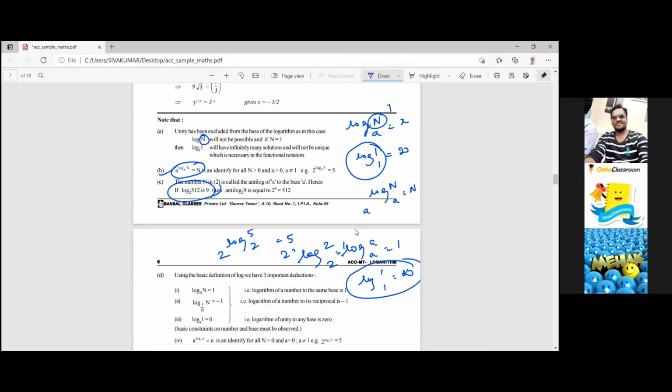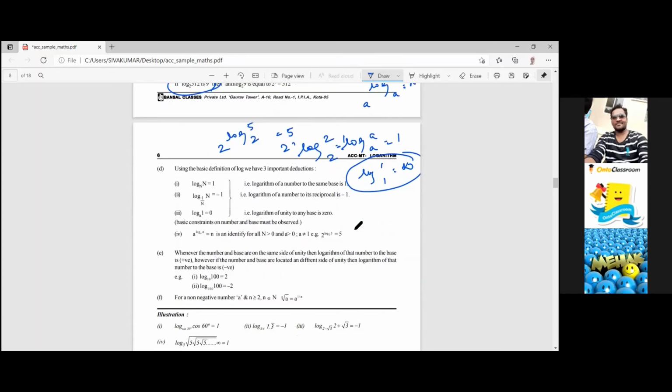See here, we are having log n base n is equal to 1. Log 1 base a is equal to 0. And log n base 1 by n is equal to minus 1. This is one note point.